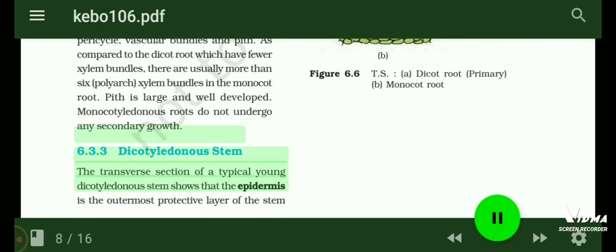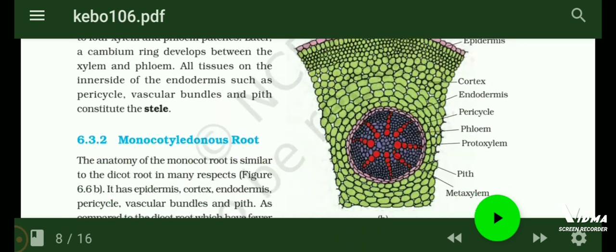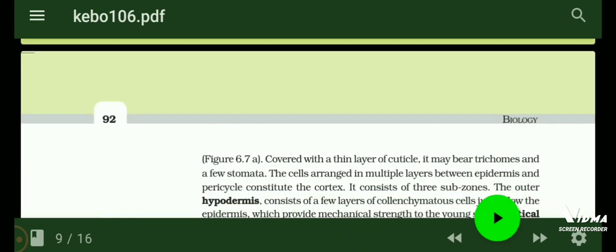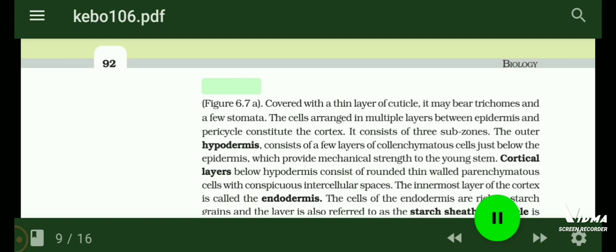6.3.3 Dicotyledonous stem. The transverse section of a typical young dicotyledonous stem shows that the epidermis is the outermost protective layer of the stem. Figure 6.7a. Covered with a thin layer of cuticle, it may bear trichomes and a few stomata.